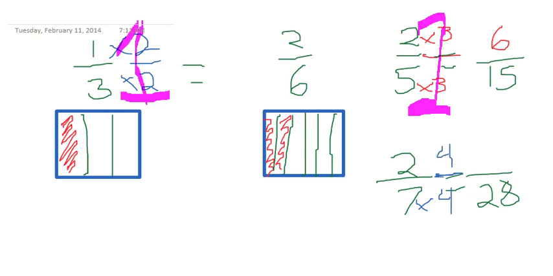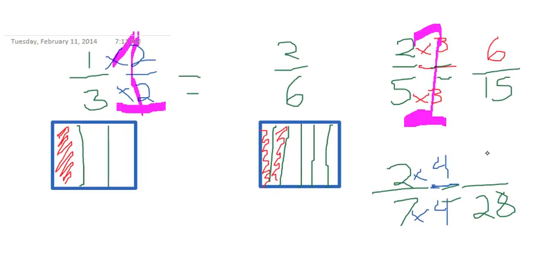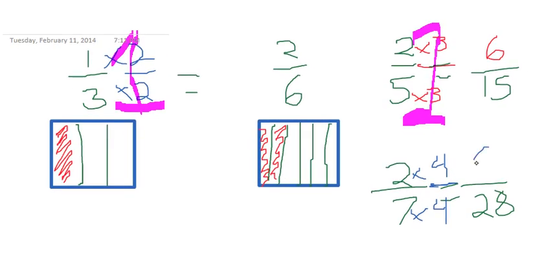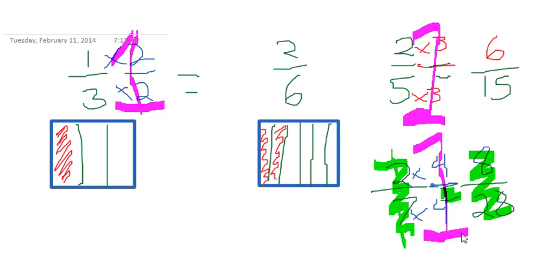So I'm going to multiply it by 4/4. 7 times 4 equals 28. 2 times 4 equals 8. 2/7 is the same. Look at that. 2/7 is the same as 8/28. They're the same thing when multiplied by 1. Very good.